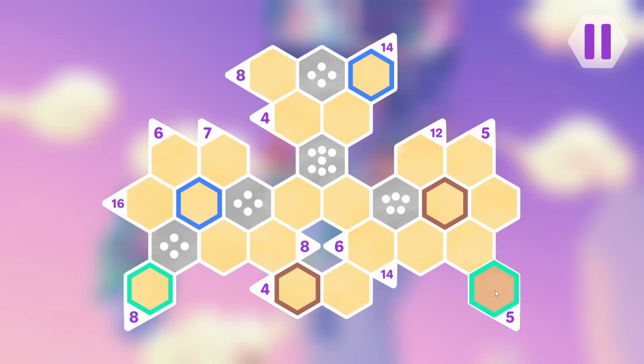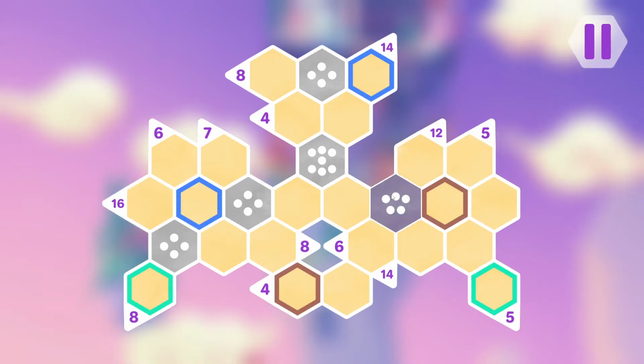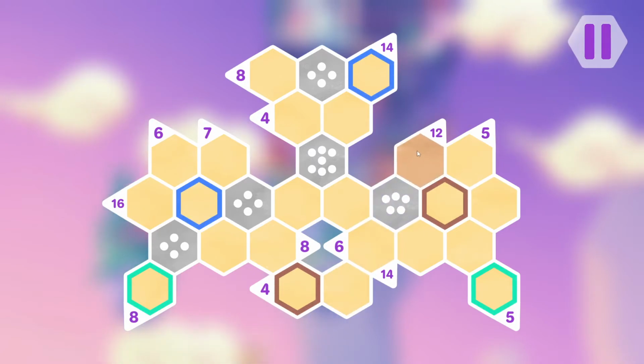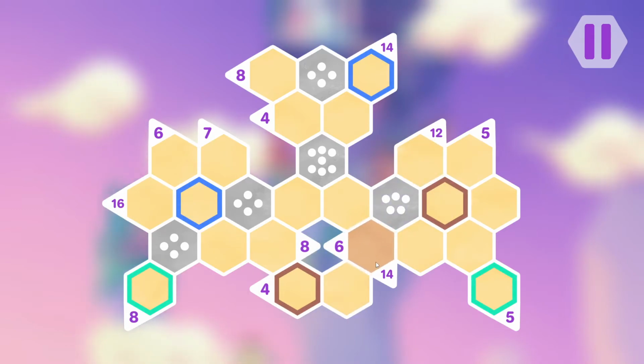We'll figure that out. Also we have 5 here. So those 3 cells are combined to 7. And anything else we can observe?